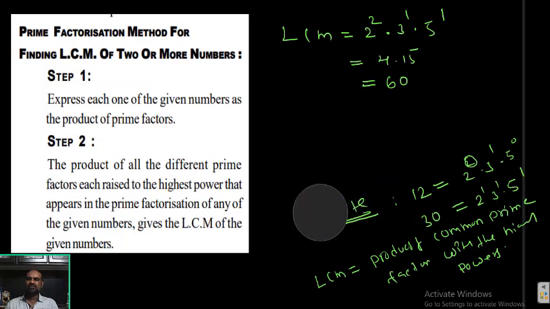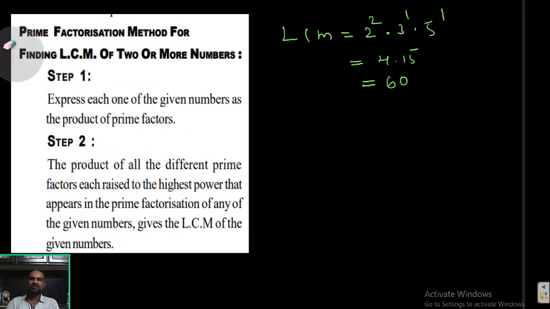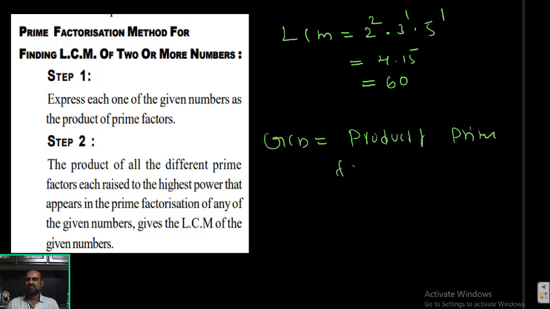See, for the same problem, if you want to find GCD, GCD equals the product of prime factors with the least powers.